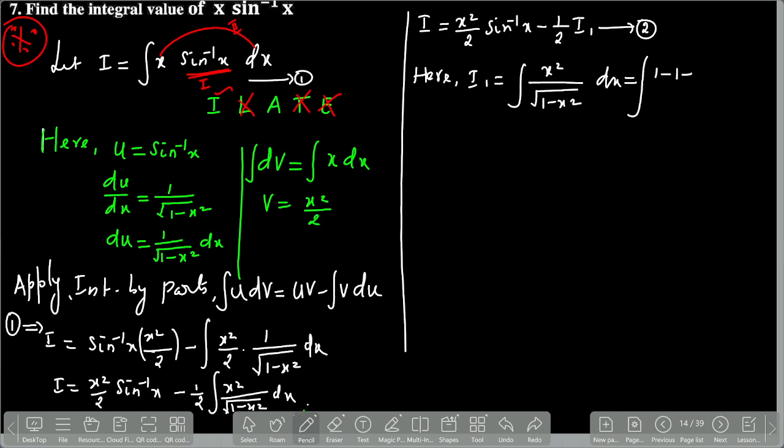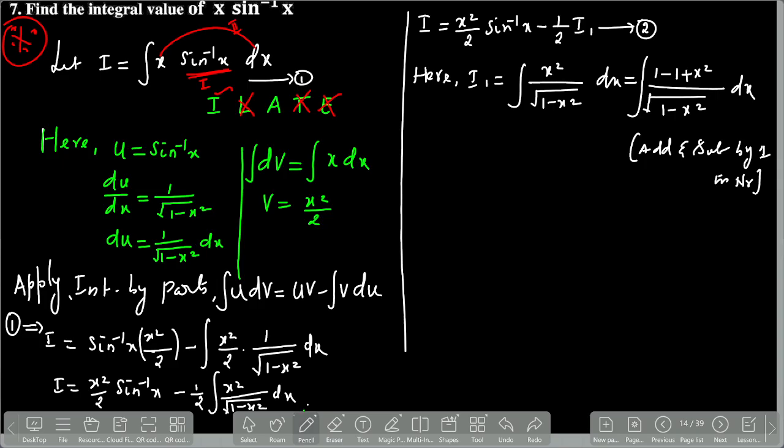1 minus 1 plus x square by square root of 1 minus x square dx. Students, any doubts? What am I going to do? Add and subtract 1 in the numerator. Any doubt, boys and girls?